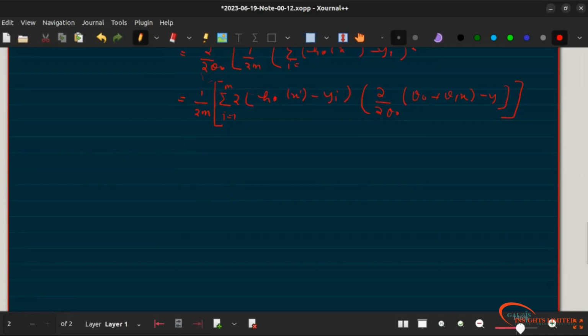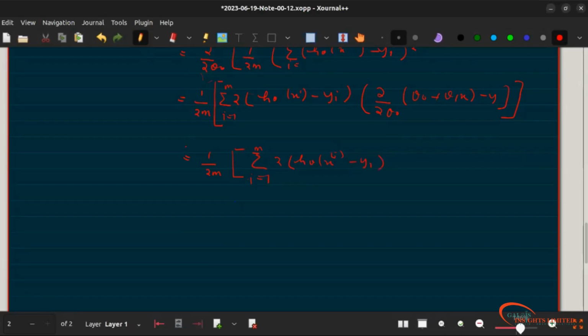Then it's simple. So you simply get something like this. So 1 over 2m, then your summation again, i from 1 to m, squared. Then you have your hypothesis function of x i minus your y i.